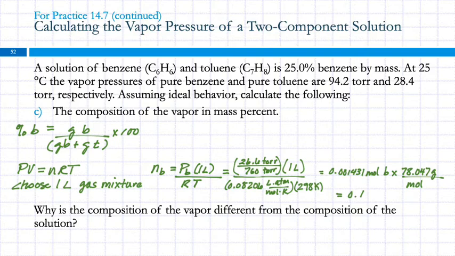This is my mass of benzene. So percent benzene will be the mass of benzene divided by the total mass, so I need the mass of toluene also.